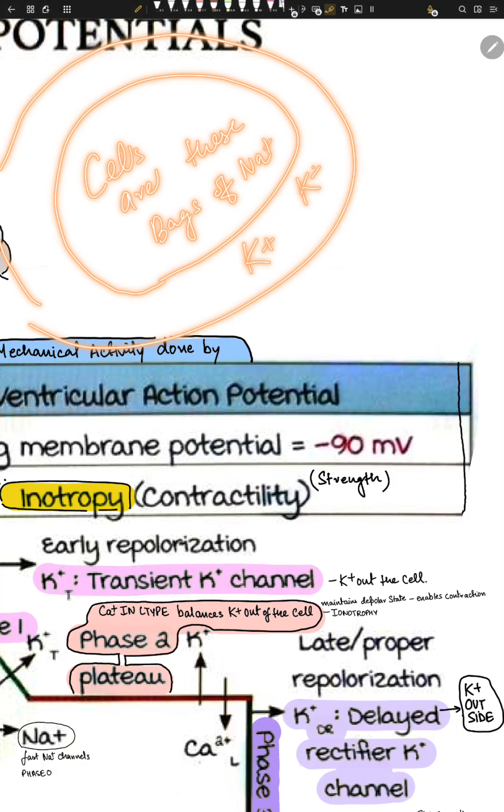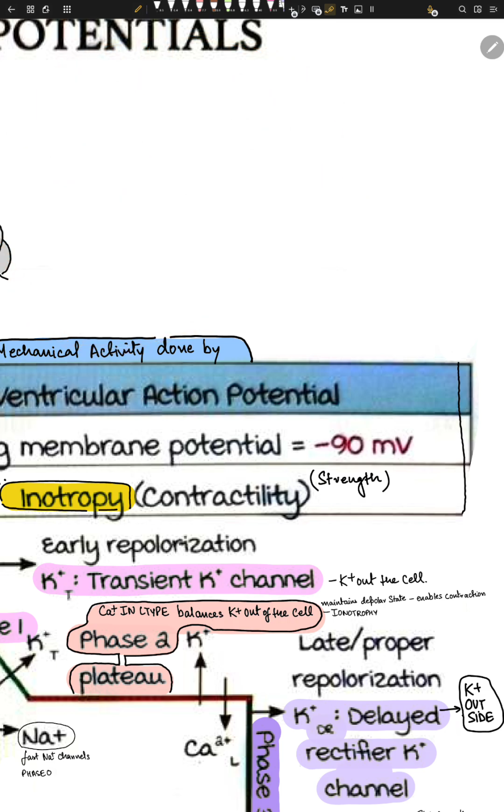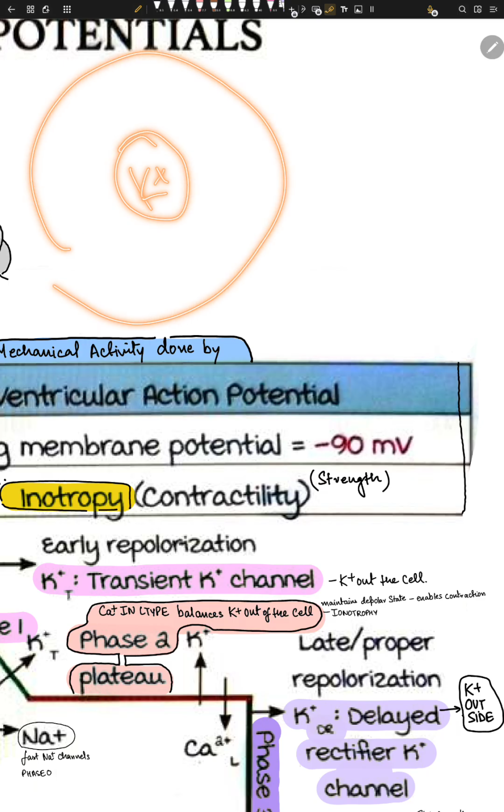This is the idea. I think I have said it maybe opposite. What I'm trying to say is that cells are these bags of potassium. So potassium is inside a lot, and this ocean of sodium, right? Okay, so ocean of sodium, right?